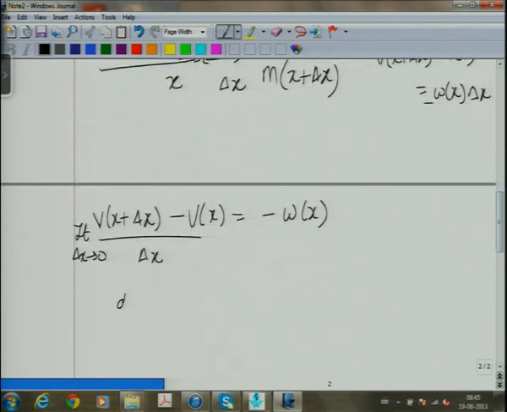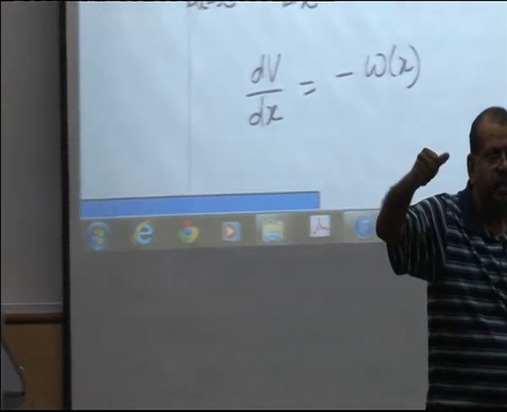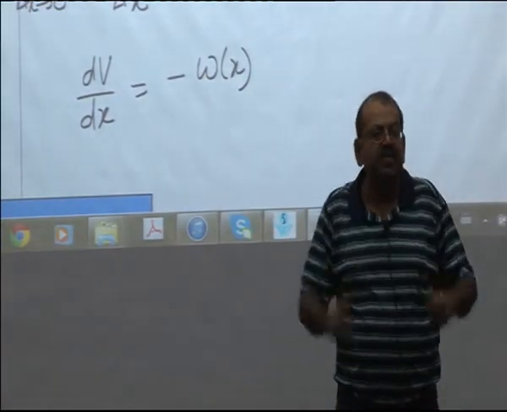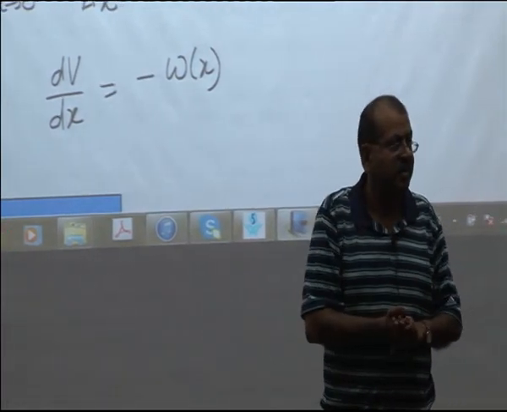So this will become dV by dx is equal to minus W of x. This is the equation which I get for the shear force. So if the loading is given, then the integral under the load will give me the change in the shear force.